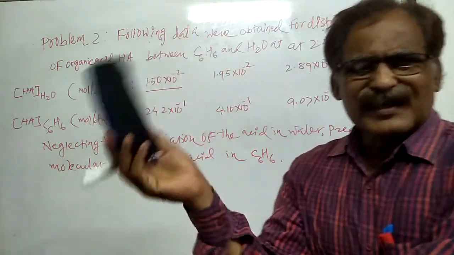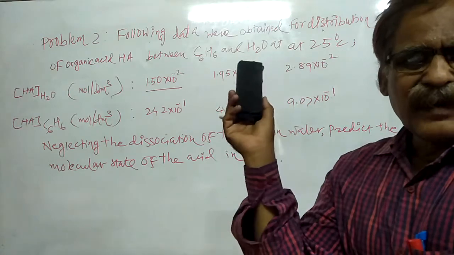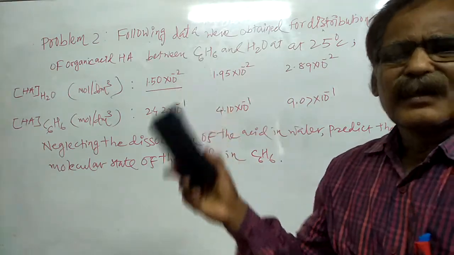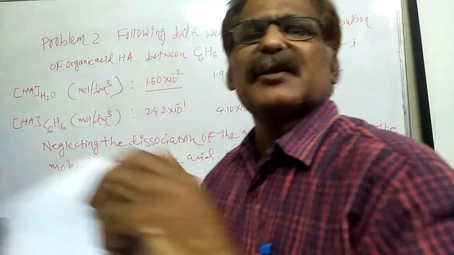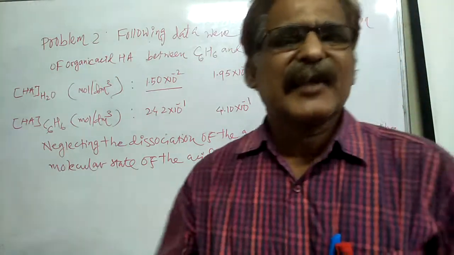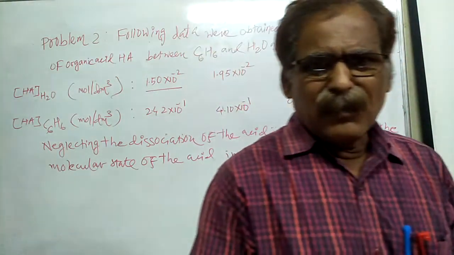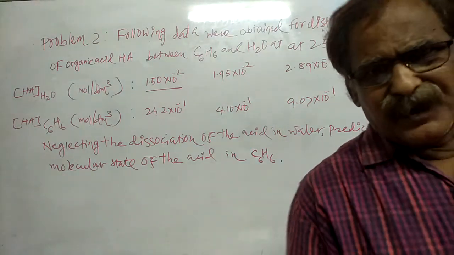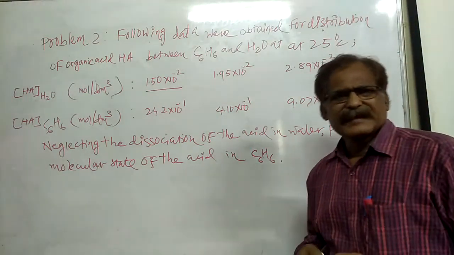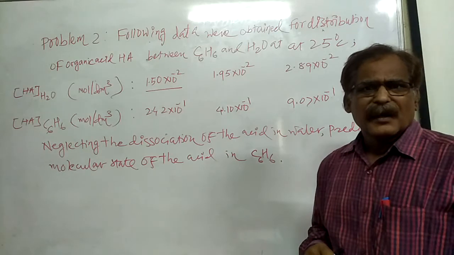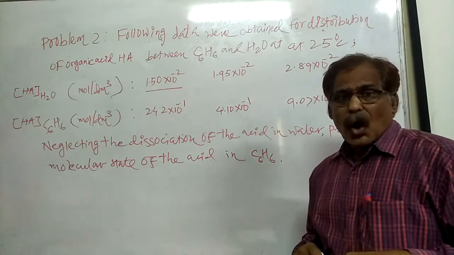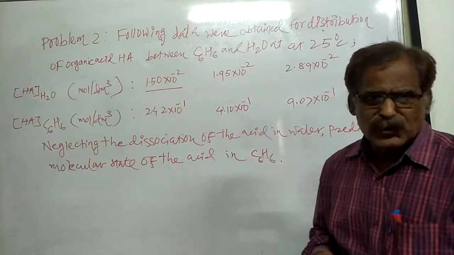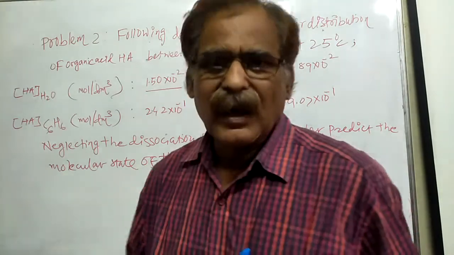So let us apply here at first the normal Nernst distribution law and see whether the acid under consideration exists as normal molecules in both the solvents or as associated molecules in benzene.